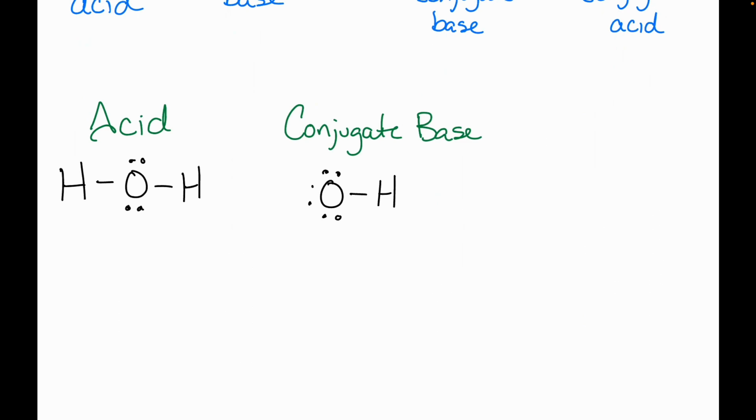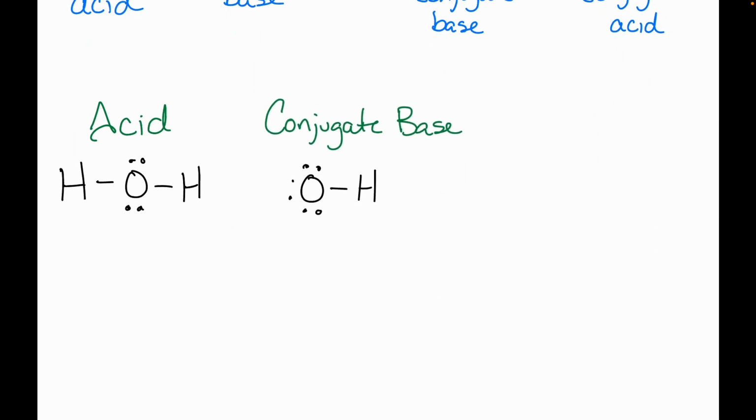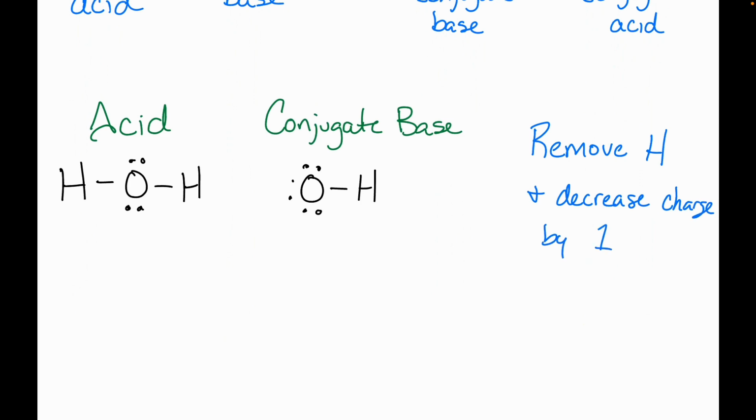Okay, so notice how we're going to go about getting our conjugate base here. All right, if we want to give ourselves some simple rules here, we're going to remove a hydrogen and decrease the charge by 1. All right, so I went from a neutral water molecule to a negatively charged hydroxide molecule.